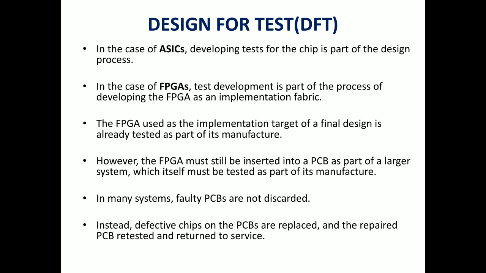The FPGA used as an implementation target of a final design is already tested as part of its manufacture. This sentence is saying that for ASIC design we need to test carefully at each and every stage, and in FPGA, the chip will be tested already, because it is tested while manufacturing itself.